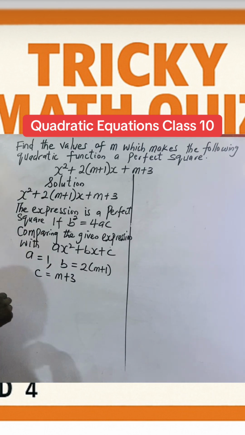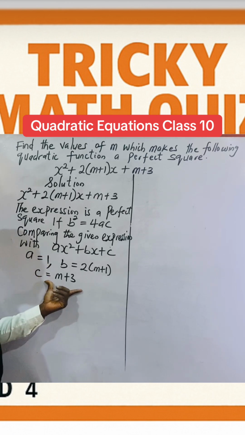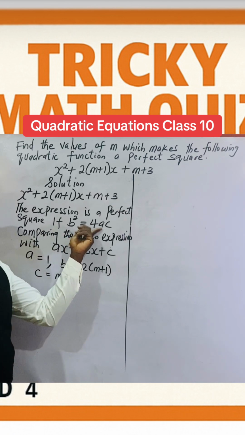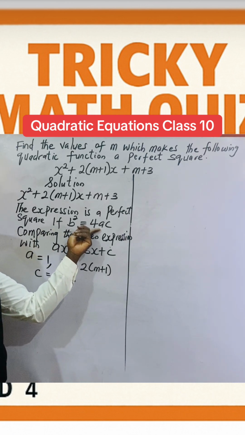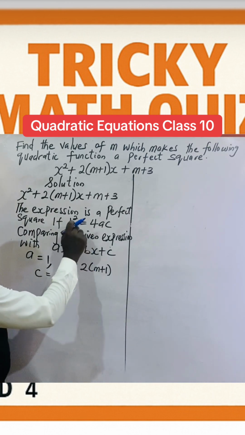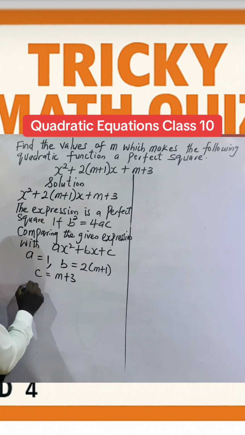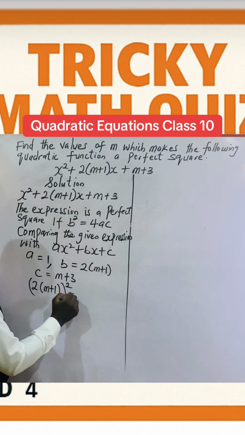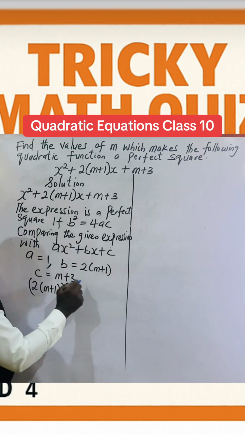So what you now do, you substitute these values into this condition, b squared equals 4ac. So the first one we got there is b squared. So you write down 2m plus 1 all squared, that is for b squared, equal to 4.